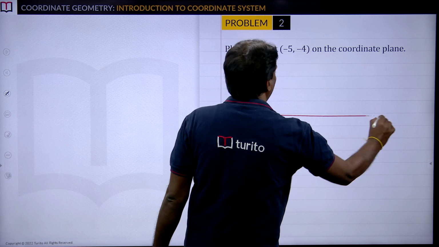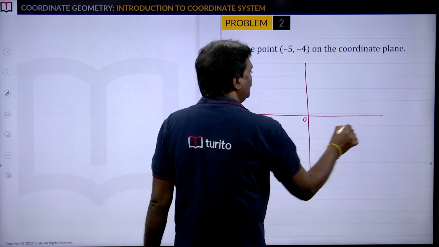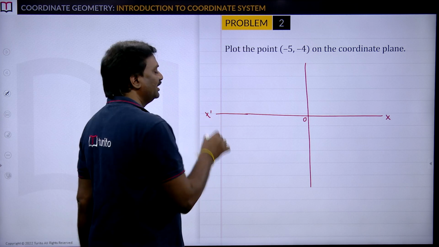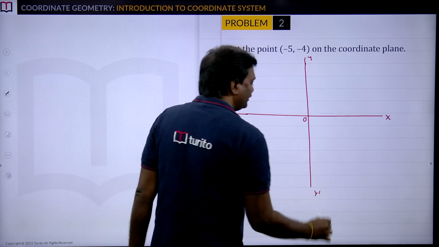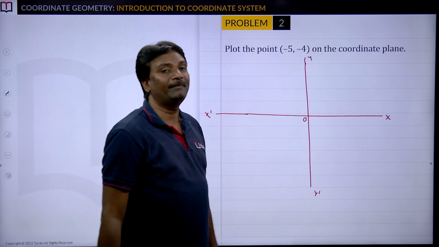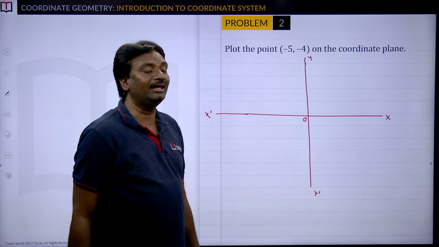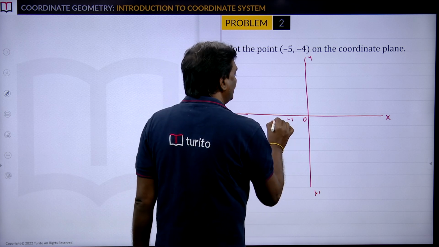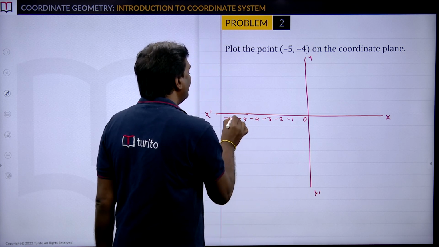So let us take two mutually perpendicular lines, with 0 as the origin, the positive x-axis, the negative x-axis, the positive y-axis and the negative y-axis. Here the x coordinate is -5 and the y coordinate is -4, which means we have to consider the negative x-axis and the negative y-axis.